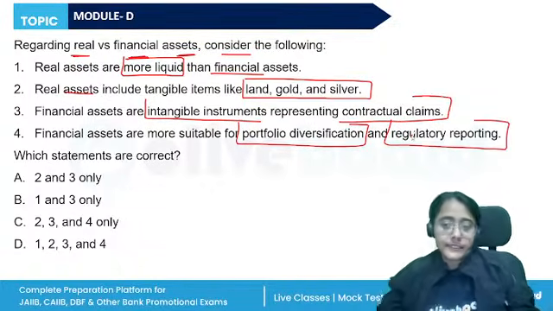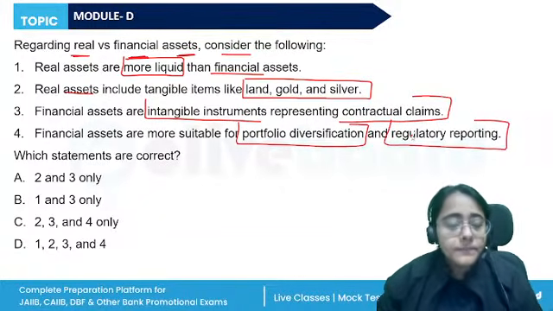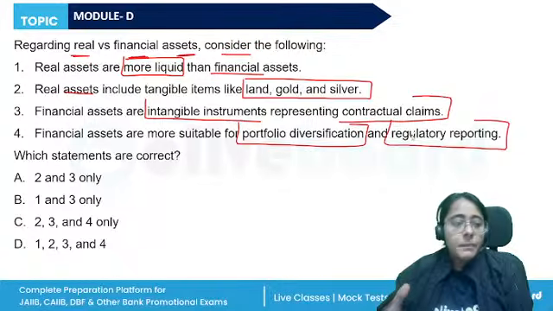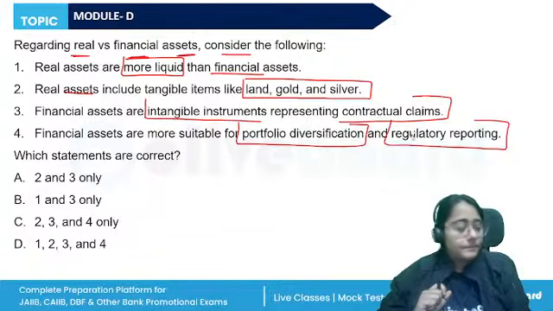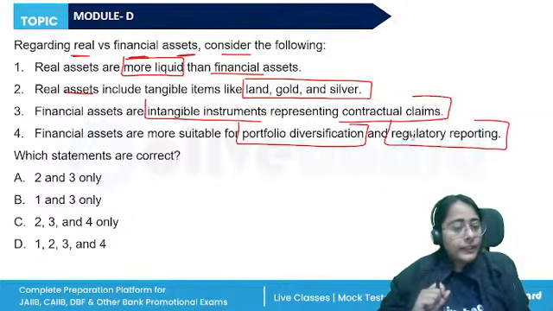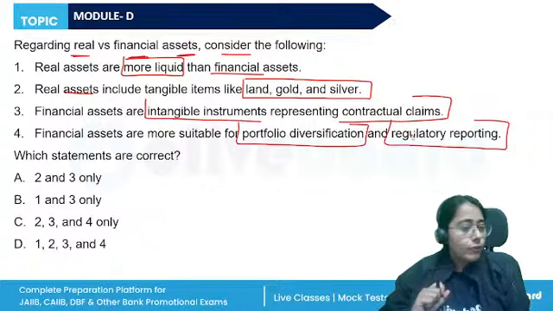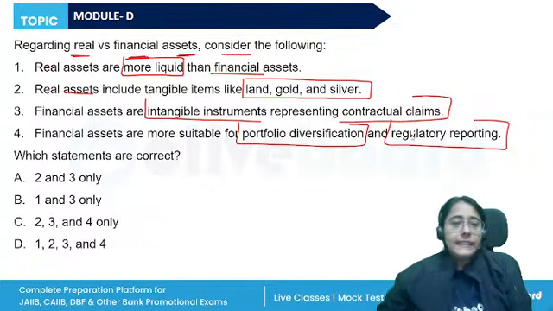This is also an easy question. Which statements are correct about the difference between real and financial assets? Is it 2 and 3, 1 and 3, 2, 3 and 4, or 1, 2, 3 and 4? D.